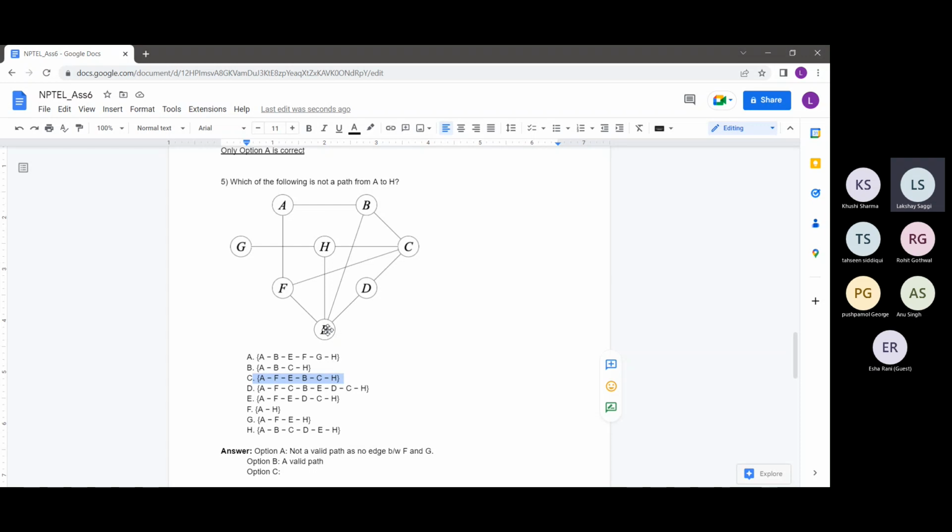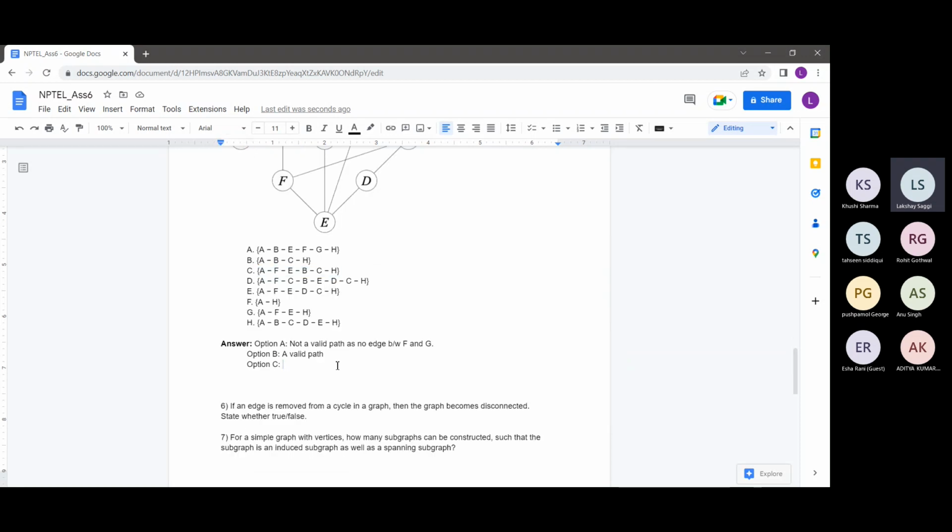Then from E to B. So first I was at A, then I go to F since there's an edge, then F to E, then E to B, then B to C, and then C to H. Here also there was no repeating vertex, every vertex was distinct in this path, and every consecutive pair was connected by an edge, and we started at A and ended at H. So this is also a valid path.